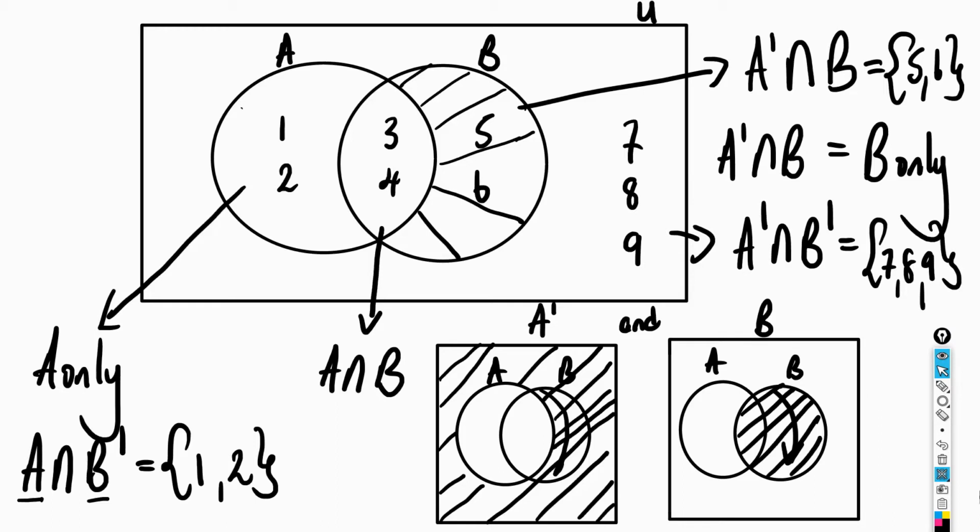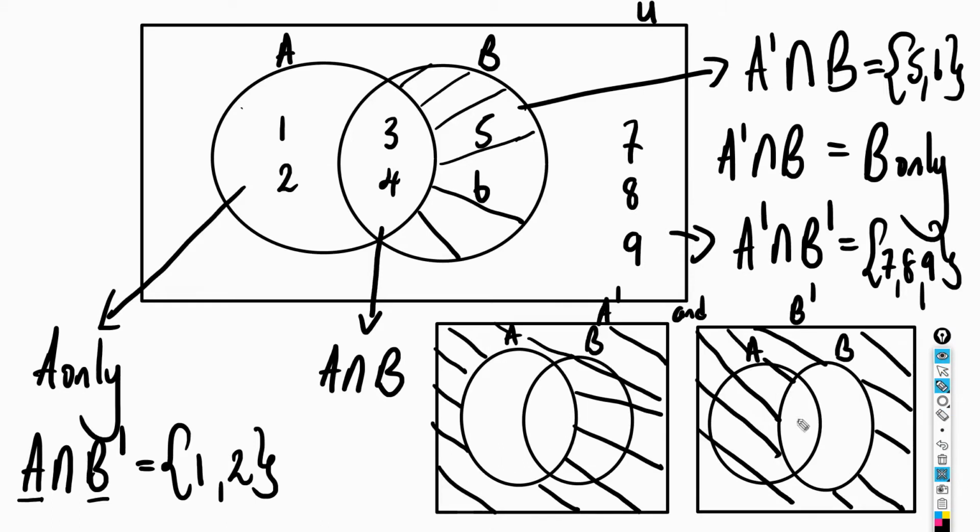If we're looking at A prime and B prime, we can see that A prime would be everything outside of A, the complement of A, and B prime would be everything outside of B. So when we look at this, the region that's common to everything outside of A and everything outside of B, we actually just end up with the section that's outside of A and B.